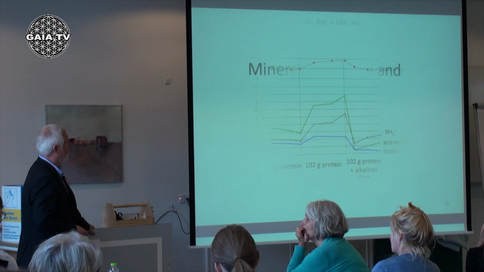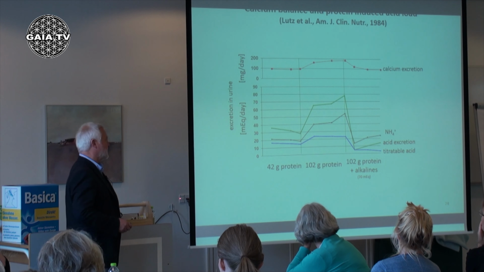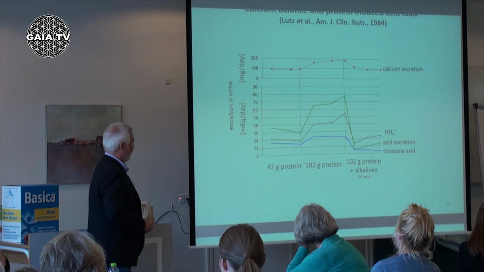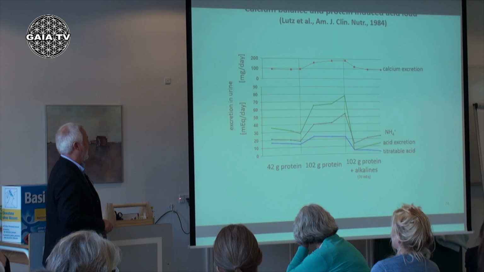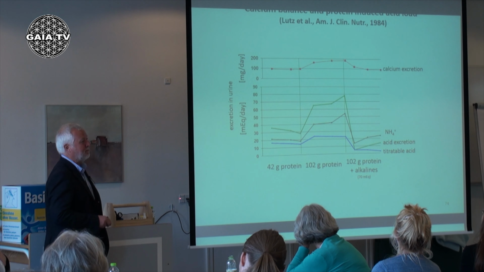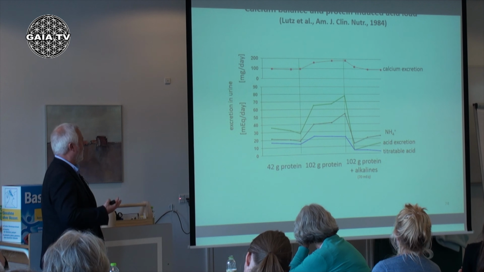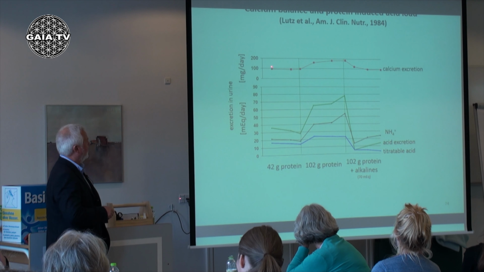Okay, so a little on osteoporosis and acid-base balance. This is a very elegant study where people received a diet with relatively low protein content. That means it's relatively low in acidity. And you see here the urinary calcium excretion.